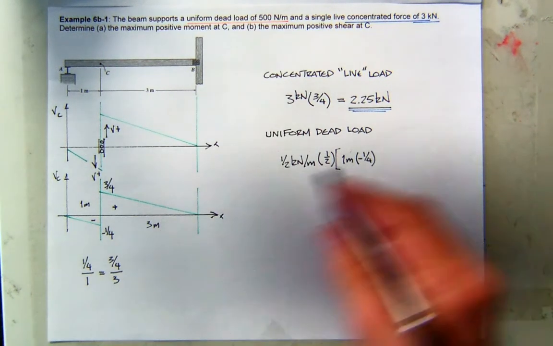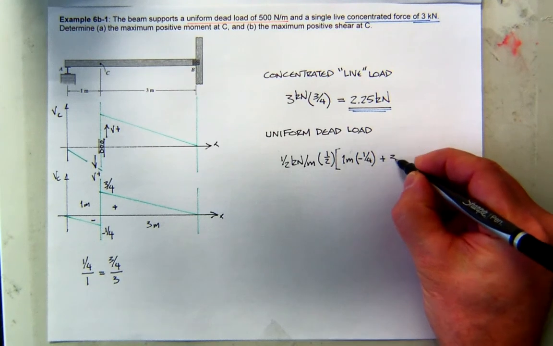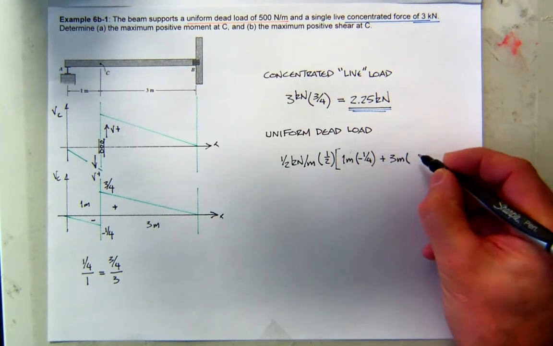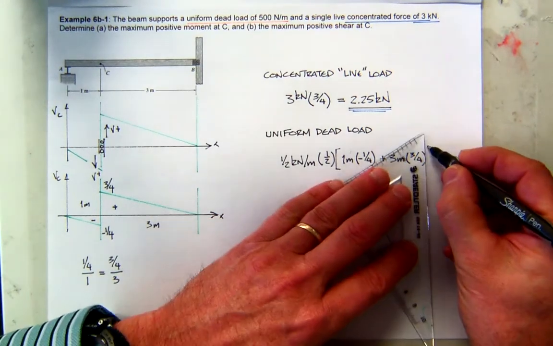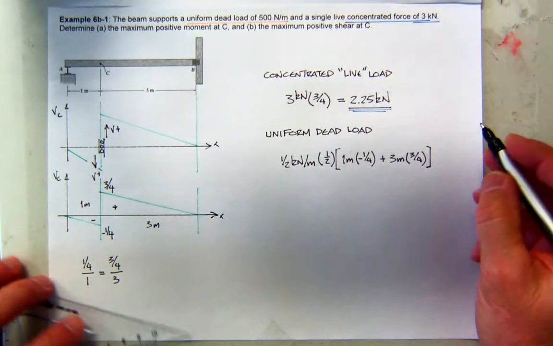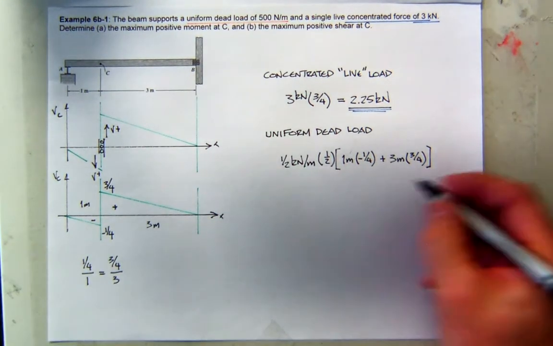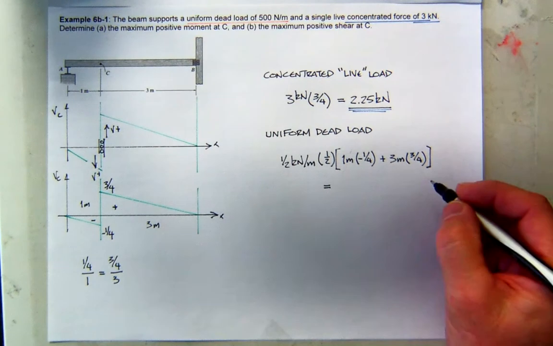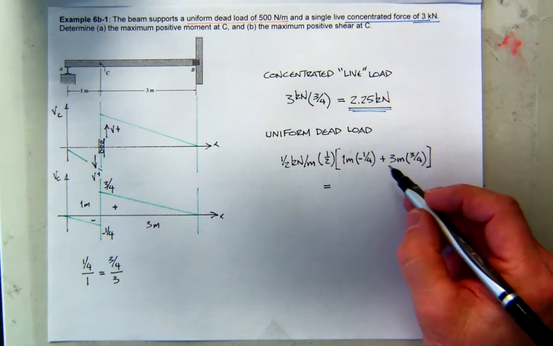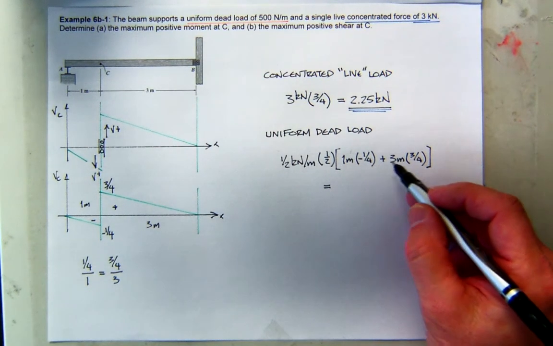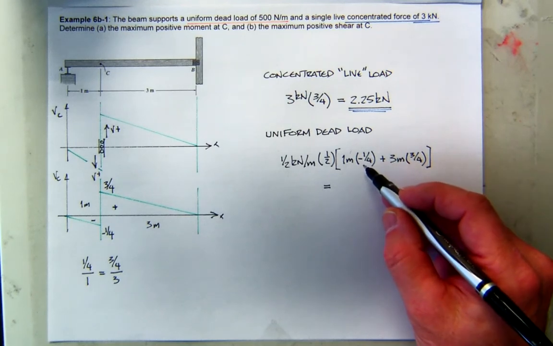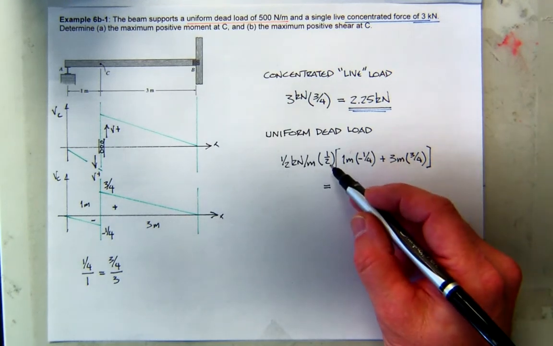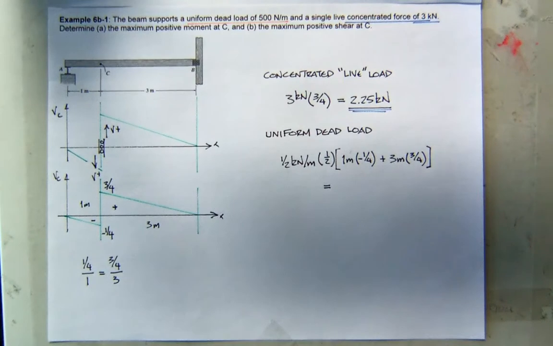For the second one, the base of the triangle is 3 meters and the height is 3/4. So what's that going to be equal to? 9/4 minus 1/4 is 8/4. 8/4 is 2. 2 divided by 2 is 1. You get 1/2.